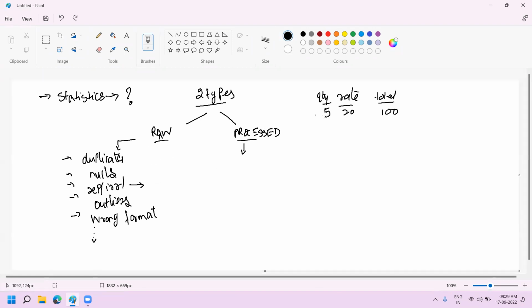Total is irrelevant. In SQL also you would have seen how to design a table. You drop irrelevant columns because this is a calculated field. 20 into 5 will give you the same result, so you are unnecessarily creating these kinds of features. Outliers, we'll discuss in the next session.